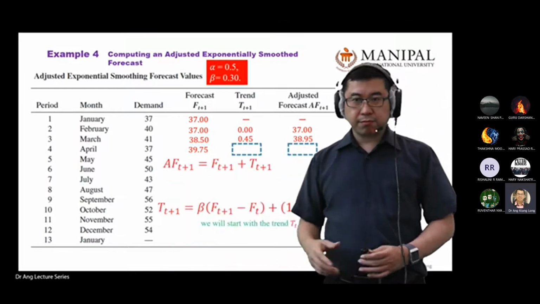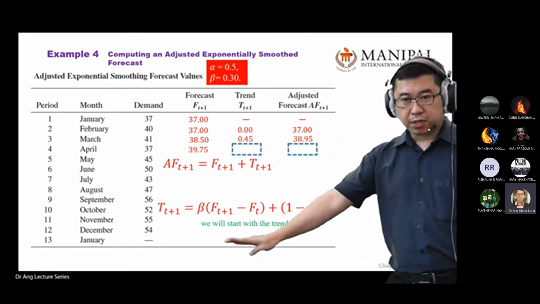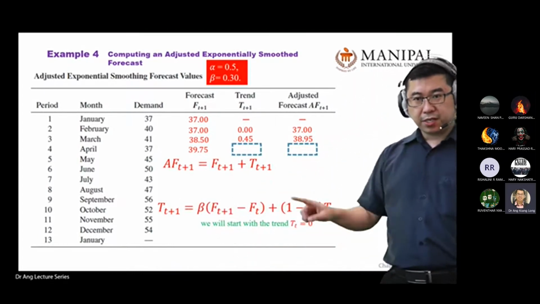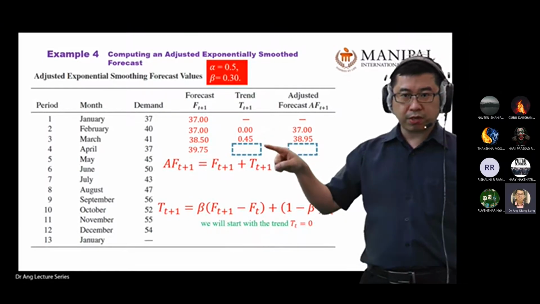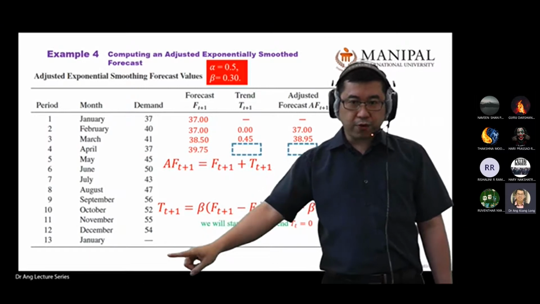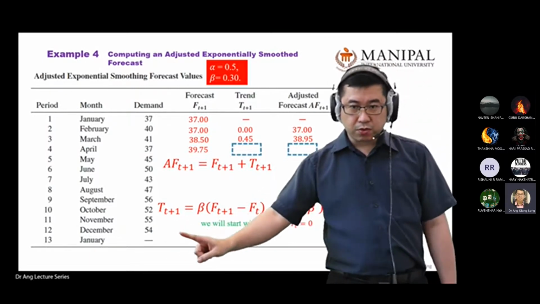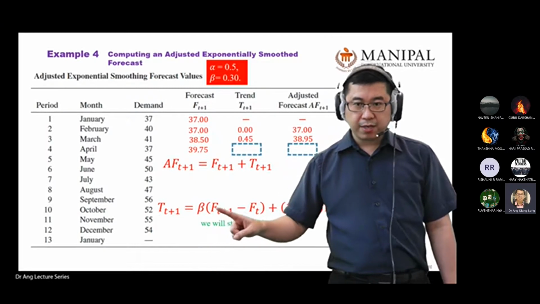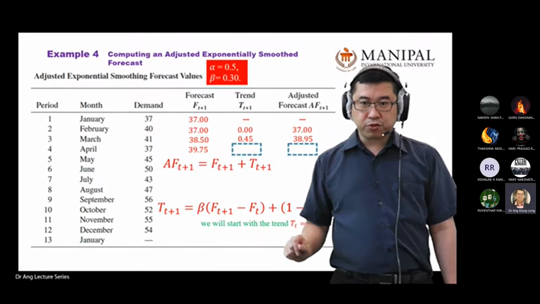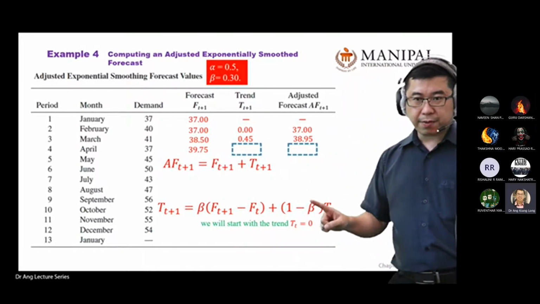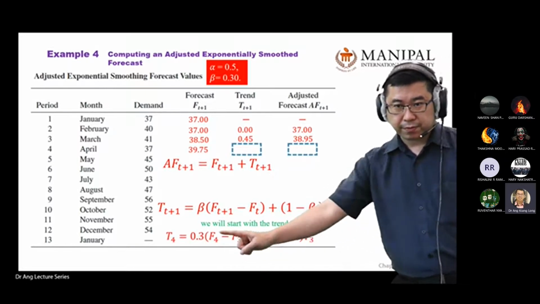Then for the trend and adjusted forecast, also use the same equation. You calculate the trend first. So this is trend number 1, 2, 3, 4. So trend 4, what is your t? T is 3. So trend 4 equal to beta times (F4 minus F3) plus 1 minus beta times T3.